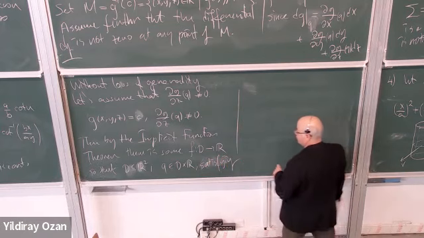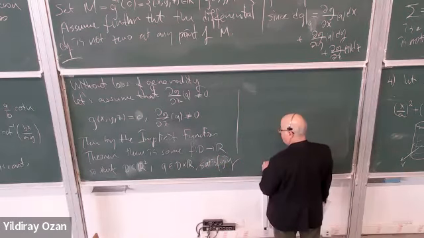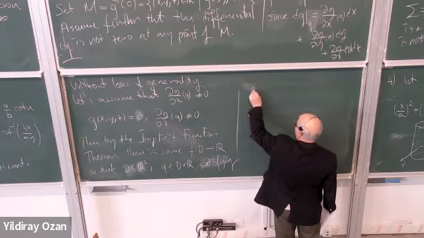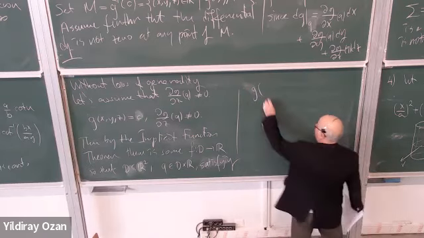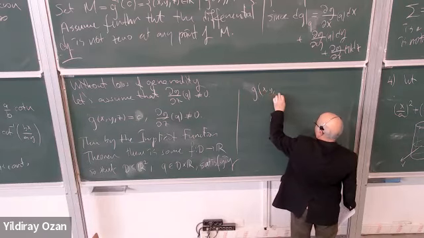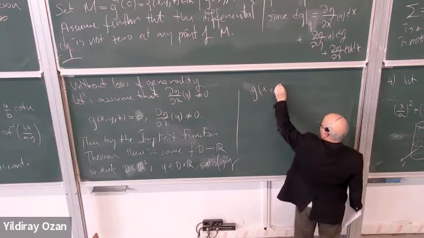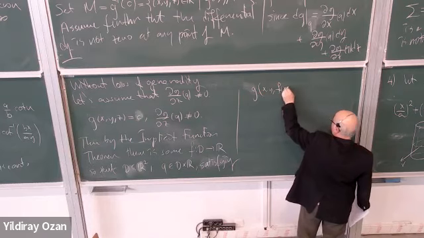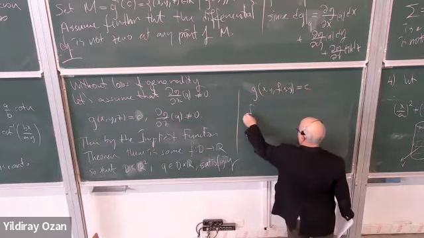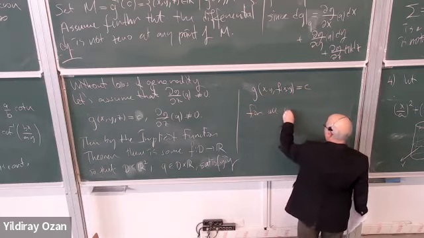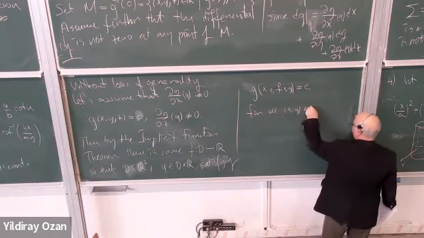This one. G of x, y, and then f of x, y is equal to C for all x, y in D.